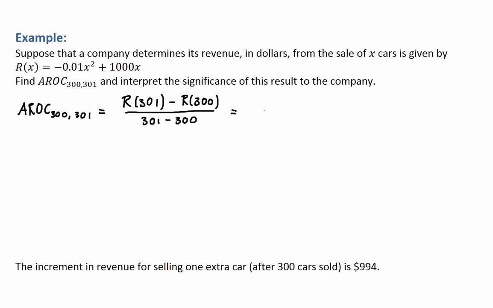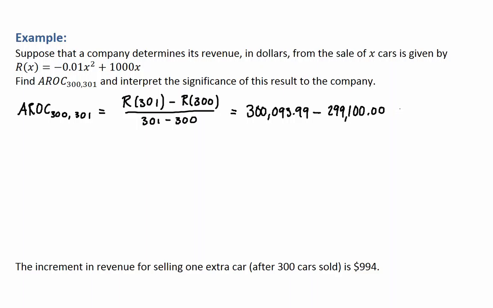For the first one, I get $300,093.99. Minus, then I calculate the revenue at 300, so I just plug it into this equation, and I obtain $299,100.